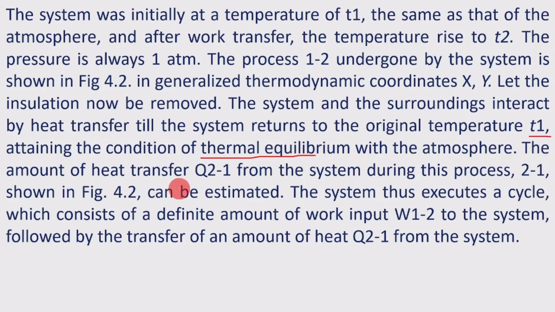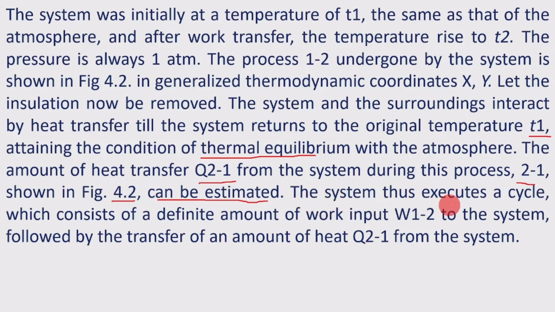The amount of heat transfer Q2-1 from the system during this process 2 to 1 is shown in figure 4.2. In the previous slide, we have taken that Q2-1, which is shown again on the curve. Q2-1 can be estimated by taking the temperature difference. If we have the temperature difference, the heat transfer we can find out from it.